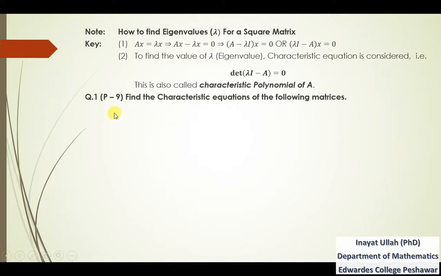That is question number 1 from page number 9. Find the characteristic equation of the following matrices.